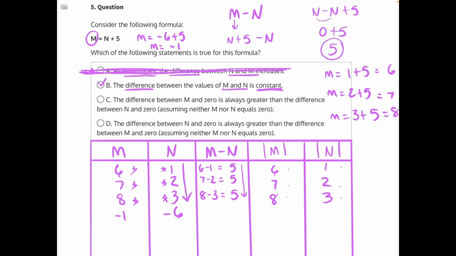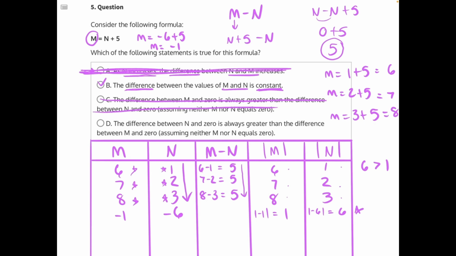Then the absolute value of m would be the absolute value of negative 1, which is equal to 1. And the absolute value of n would be the absolute value of negative 6, which is equal to positive 6. In this case, the absolute value of n is greater than the absolute value of m, right? 6 is a greater number than 1, which makes C incorrect.